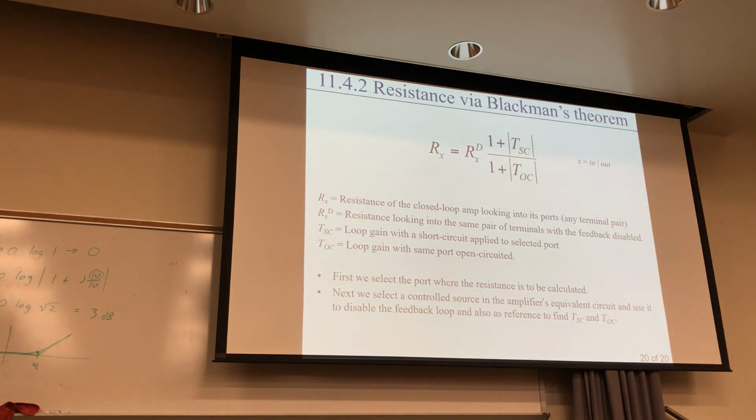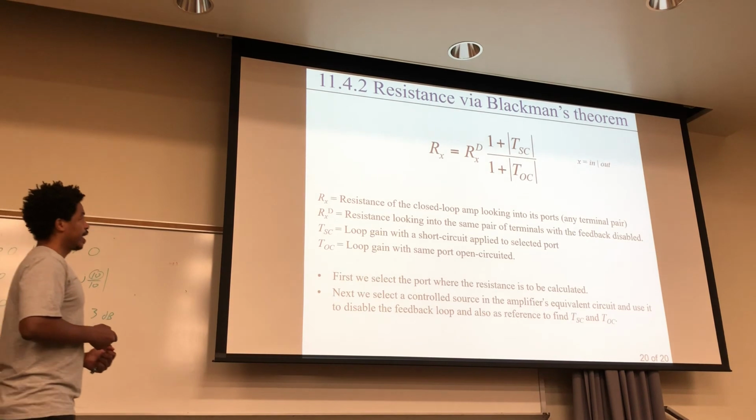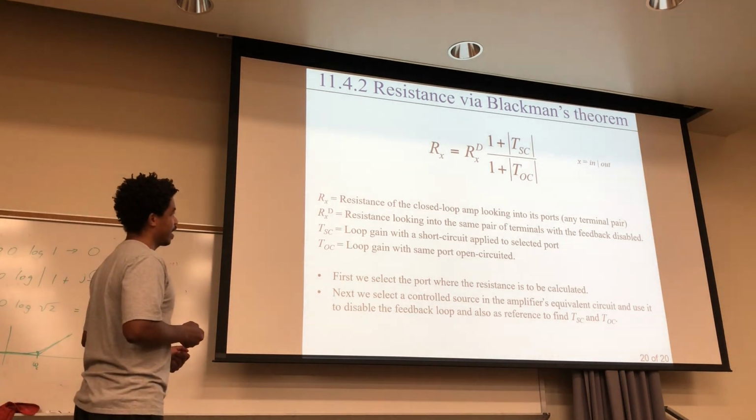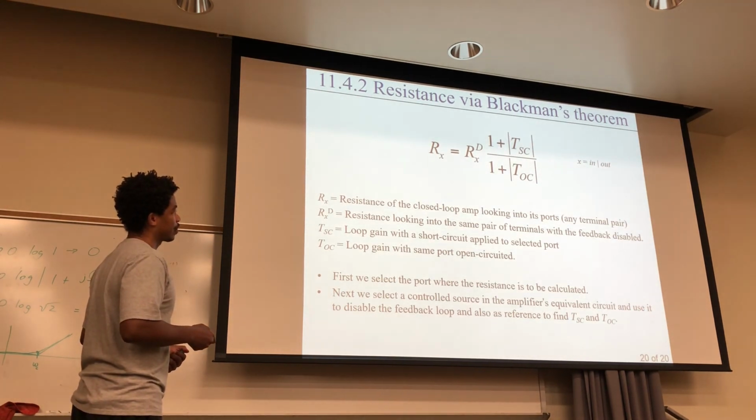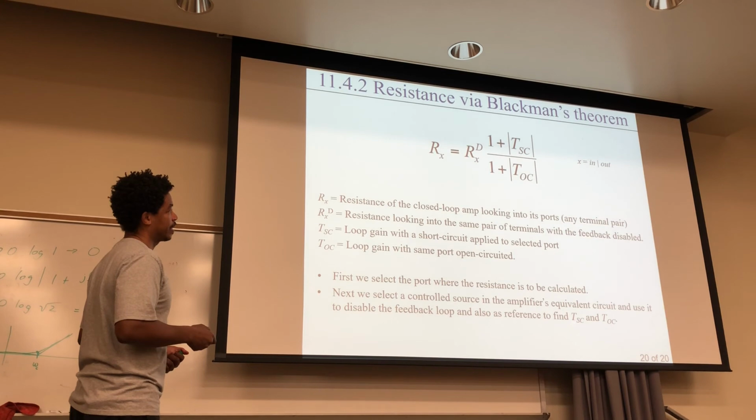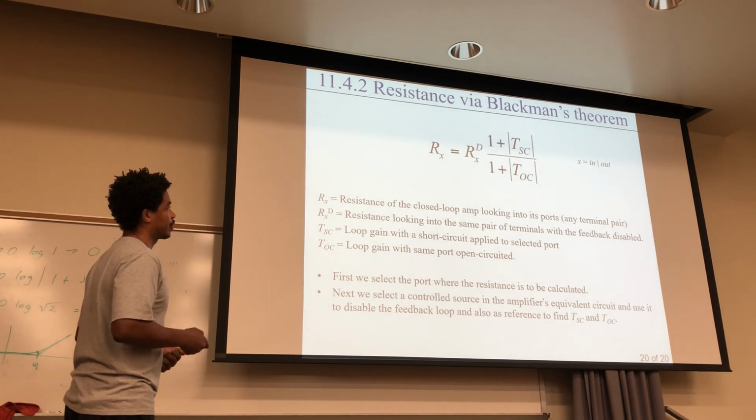And so how you apply this is first we select the port where the resistance is to be calculated, and then next you select a controlled source in the amplifier's equivalent circuit and use it to disable the feedback loop, and also as a reference to find this TSC and TOC.